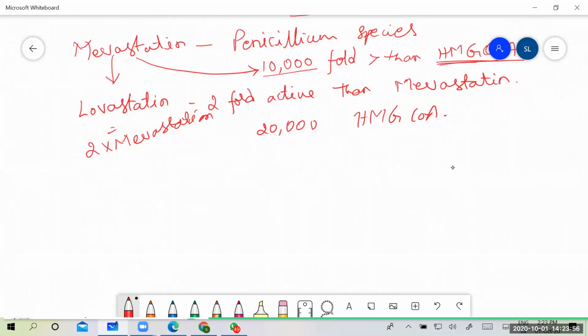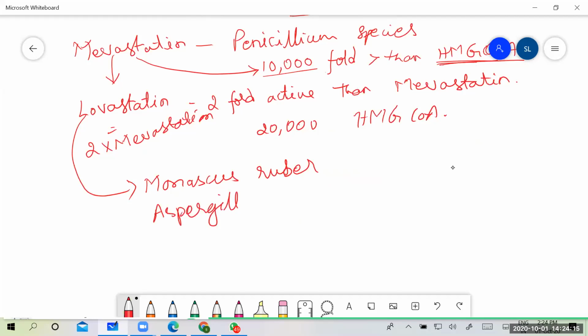Okay, and this lovastatin is obtained from two sources. Monascus ruber is the one source, and the other source is Aspergillus cereus. So these are the two important points that you will have to remember for the GPAT.